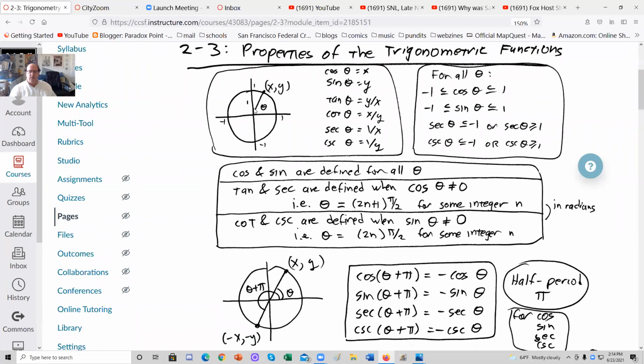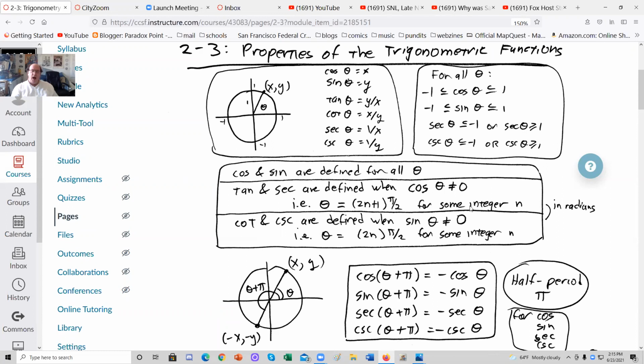Cosine and sine are defined for all theta. Tangent and secant have an x, i.e. a cosine, in the denominator. So these are defined when cosine is not equal to 0, and that will be for theta not equal to (2n plus 1) pi halves for some integer n.